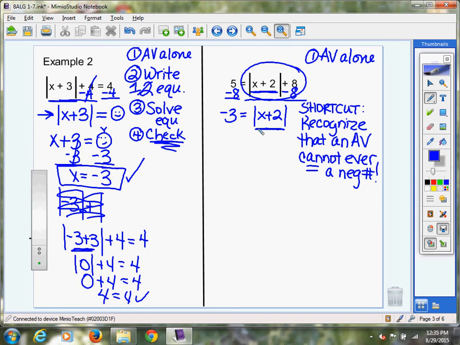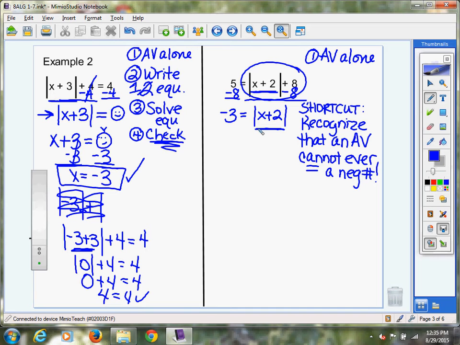If your absolute value is set equal to a positive number, you're going to have 2 answers. If your absolute value is set equal to 0, you're going to have exactly 1 answer. If your absolute value is set equal to a negative number, this is a situation that has no solution. This is a no solution.